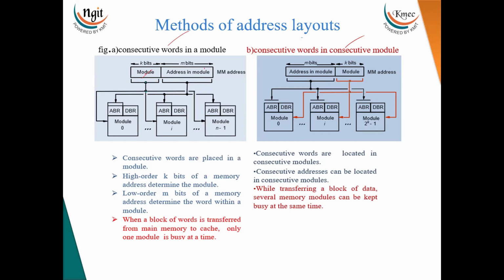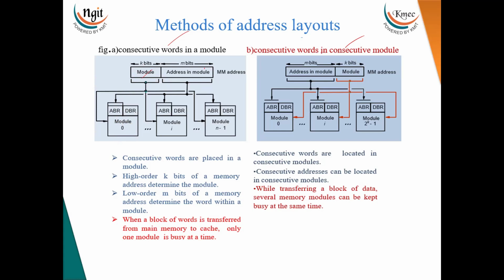If one module is accessed, only consecutive locations from this module are accessed. So when a block of words is transferred from main memory to the cache memory, only one module is busy at a time.